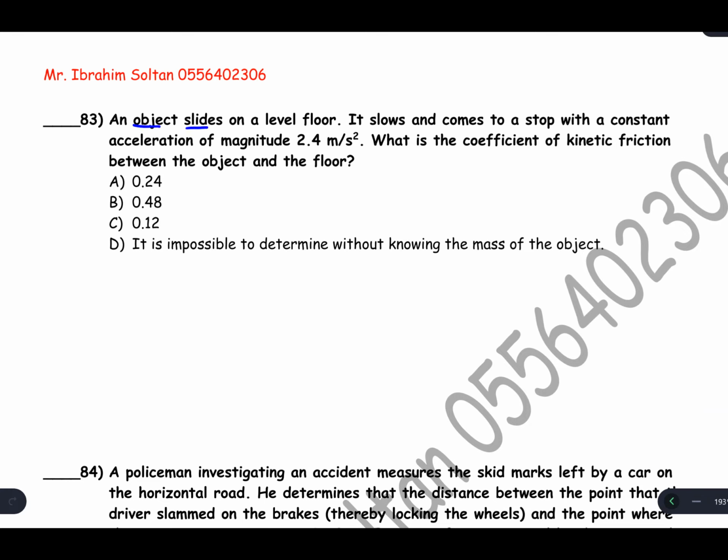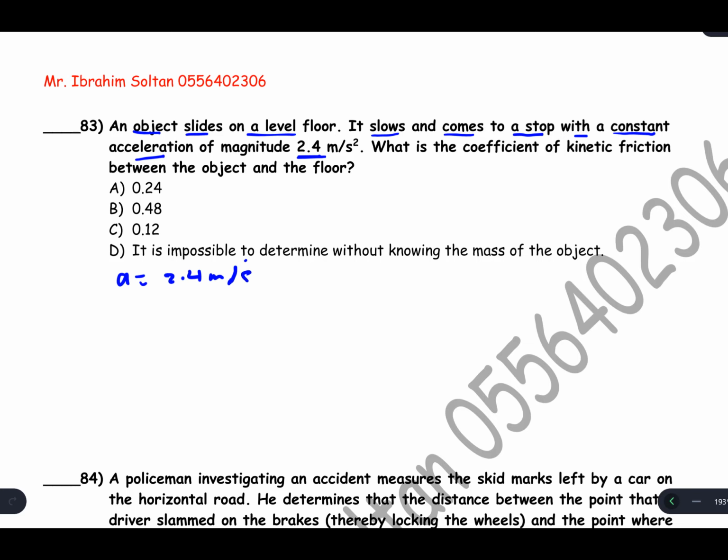An object slides on a level floor. It slows and comes to a stop with a constant acceleration of 2.4 meter per second square. So you have the acceleration is 2.4 meter per second square, and it is a negative acceleration because it slows and comes to a stop, right?